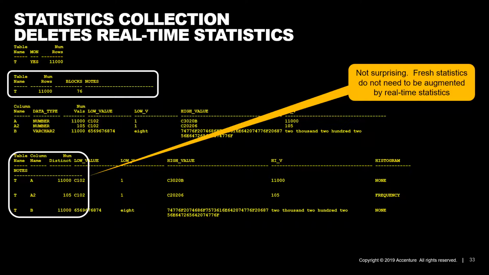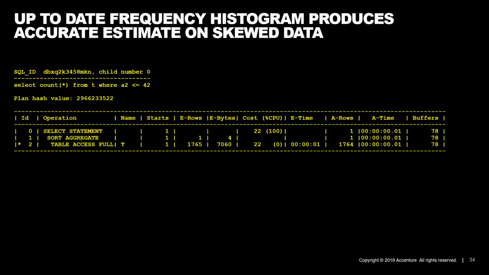If I've freshly collected statistics, they don't need to be augmented by real-time statistics because they're right. So when you collect statistics, it deletes any real-time statistics. And when I look at the execution plan, now the estimate is spot on. It's really close to the actual number of rows. So what's happening here is that the up-to-date histogram produces an accurate estimate on the skewed data.